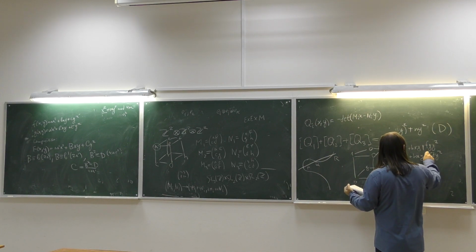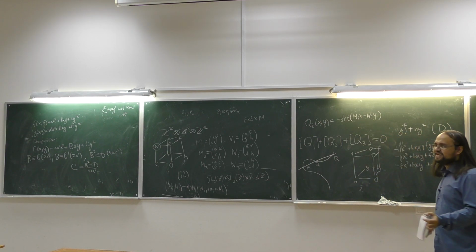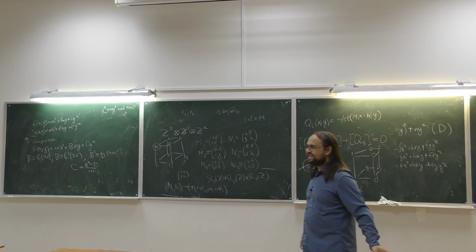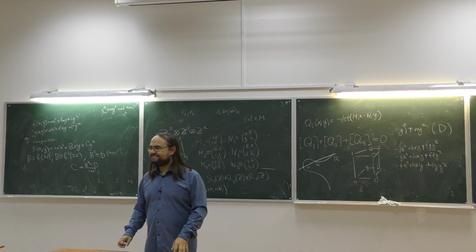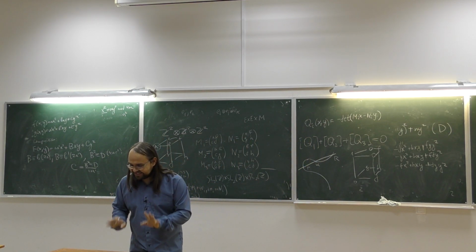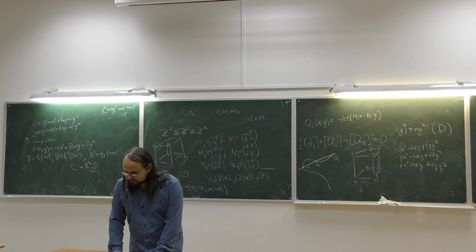Plus fg, plus fd, plus dg y squared. And you can explicitly check that the product of these 3 forms in your class group is actually equal to 0.